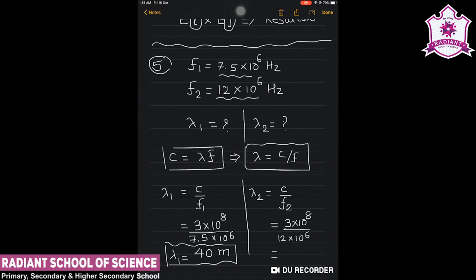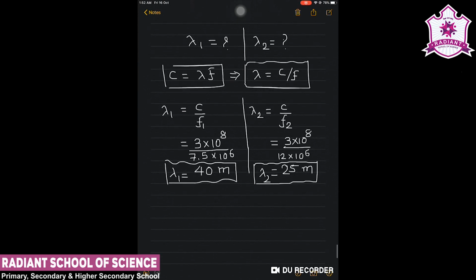So 1/4 into 100, that means it will be about 25. So this will be 25 meter, that is lambda 2. Now as we have the frequency band, we can also have the wavelength band over here, and the wavelength band would be from 40 meter to 25 meter.